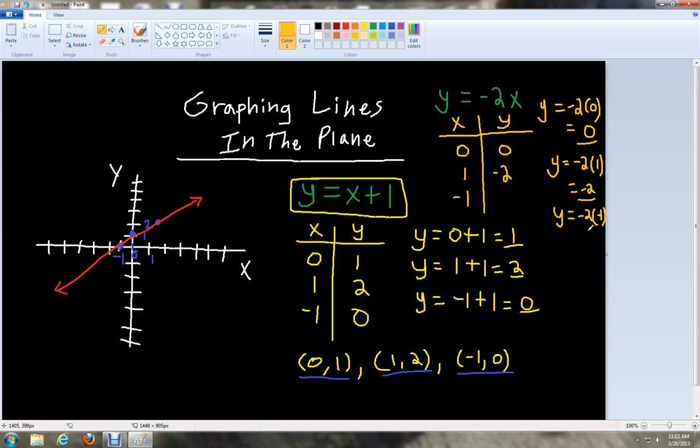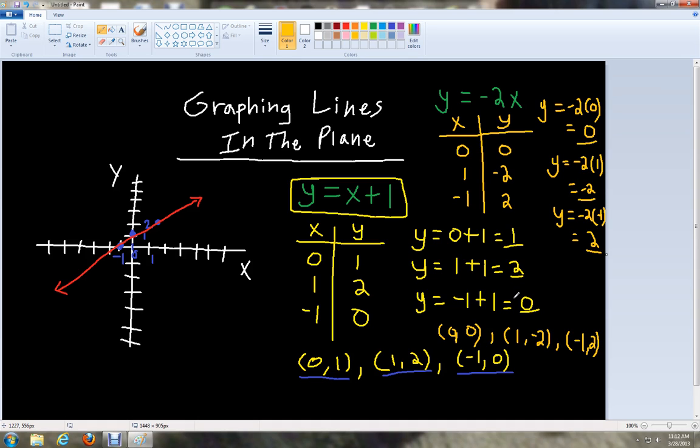We know from multiplying that negative times negative is positive, so that will give us a positive 2. Our three ordered pairs to plot are 0, 0, which is at the origin; 1, negative 2; and negative 1, 2.